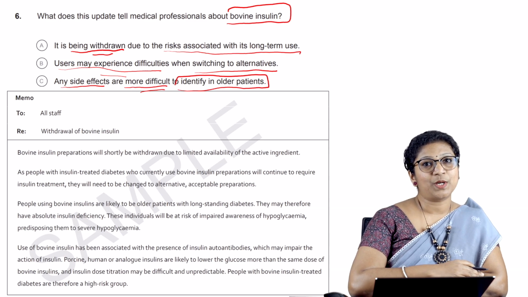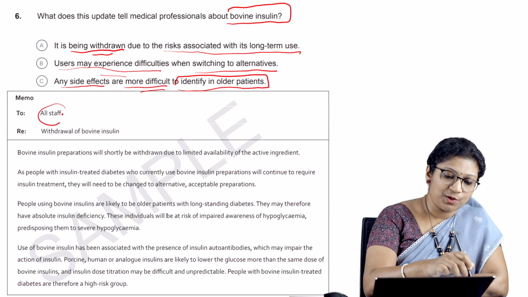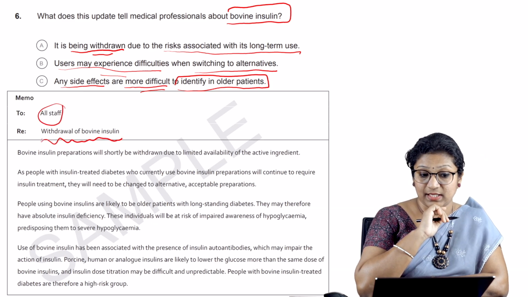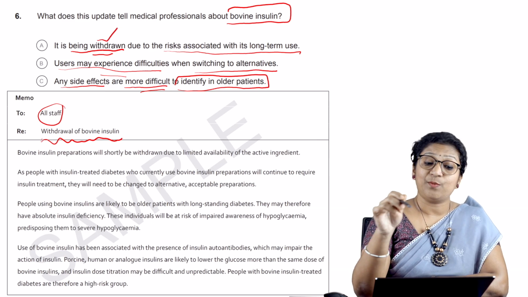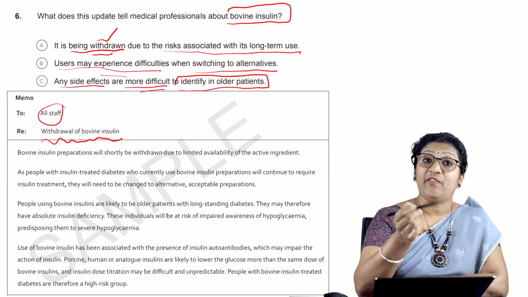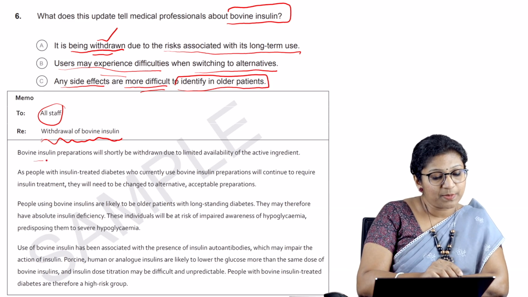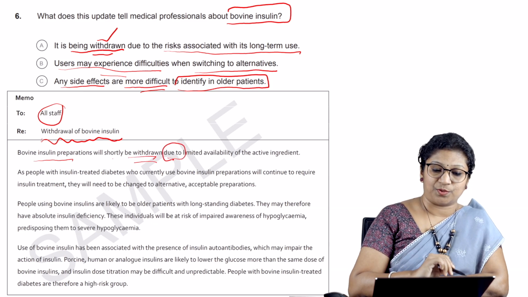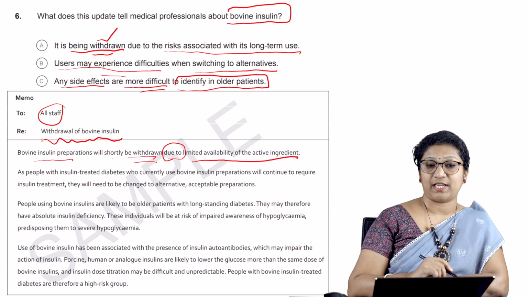So let's find out what is the main idea being conveyed about bovine insulin here. It's a memo to all staff and it says withdrawal of bovine insulin. So there is a mention of being withdrawn, but we have to understand whether there is any mention of being withdrawn due to risks associated. Bovine insulin preparations will shortly be withdrawn due to limited availability of active ingredient.